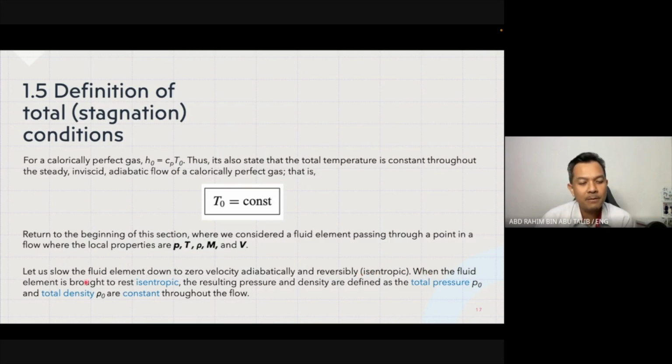When the fluid element is brought to rest isentropically, the resulting pressure and density are defined as the total pressure P naught and the total density rho naught, which are then constant throughout the flow. So this is the definition of total stagnation conditions.